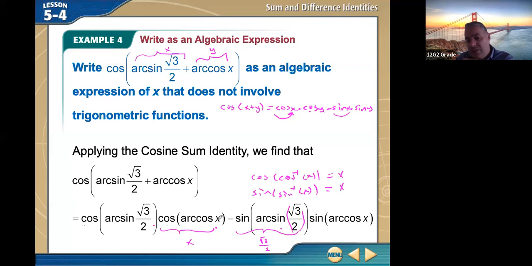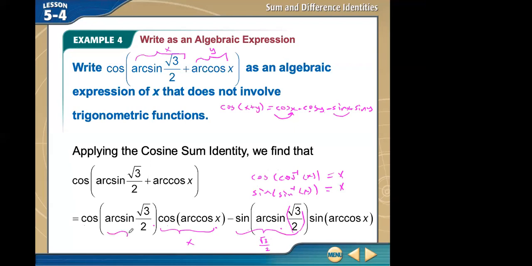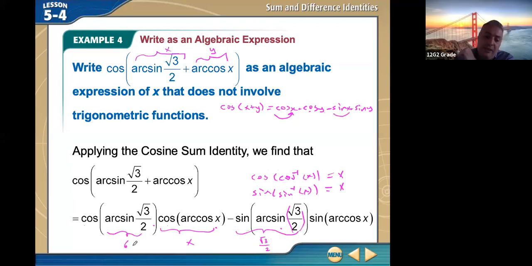Here, just x. For that reason, we put x here and root 3 over 2 here. Do we have any question up to here? No. Now, arcsine of root 3 over 2, I just explained it before this: cosine of 60. Now the issue is sine of arc cosine of x. What will it be? We have to talk about this. So let's go on.